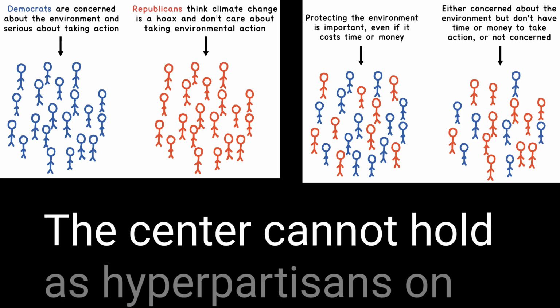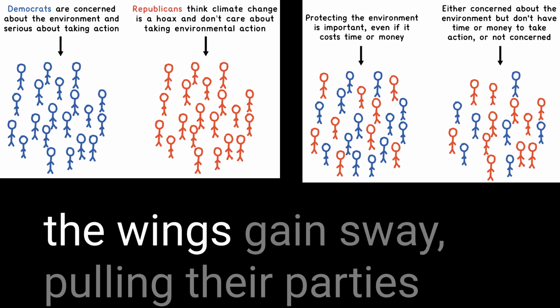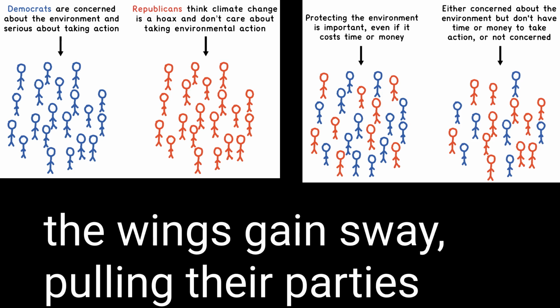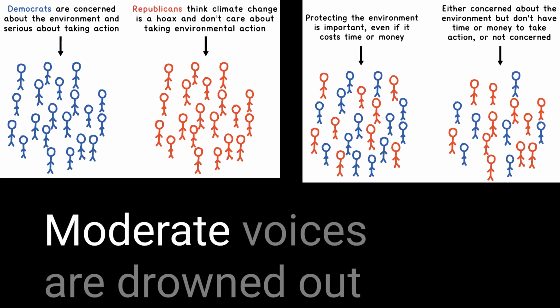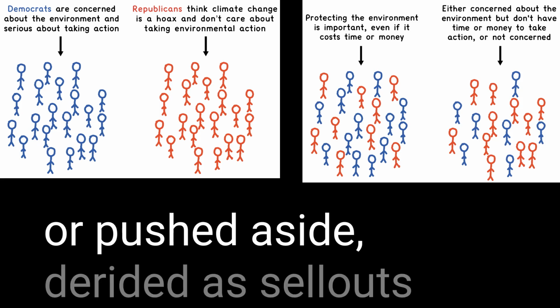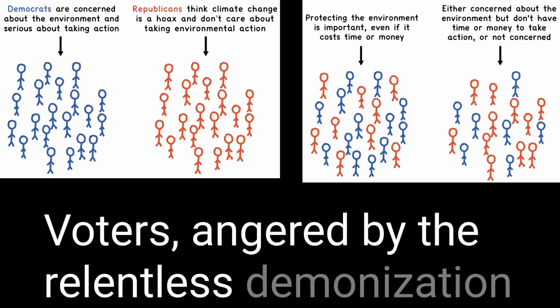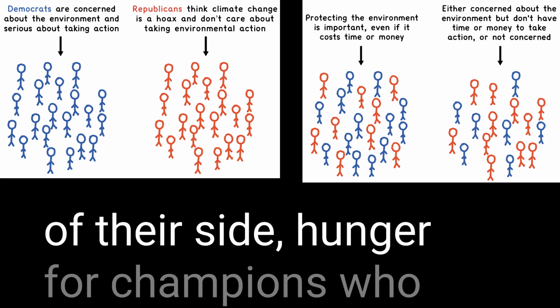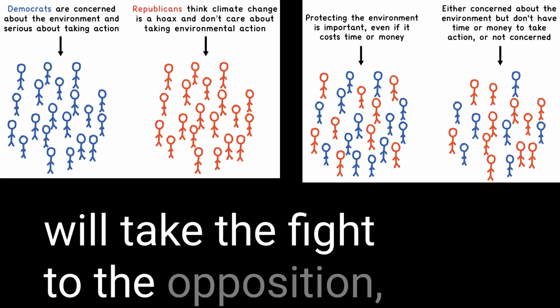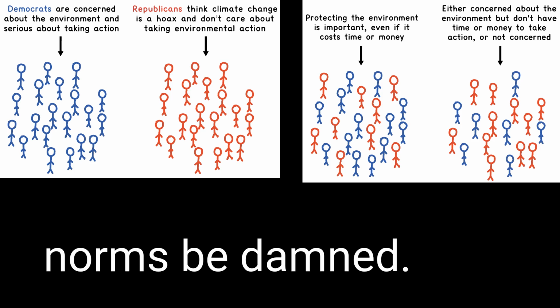In the realm of politics, the ground shifts beneath everyone's feet. The center cannot hold as hyperpartisans on the wings gain sway, pulling their parties toward the extremes. Moderate voices are drowned out or pushed aside, derided as sellouts or collaborators with the enemy. Voters, angered by the relentless demonization of their side, hunger for champions who will take the fight to the opposition, norms be damned.